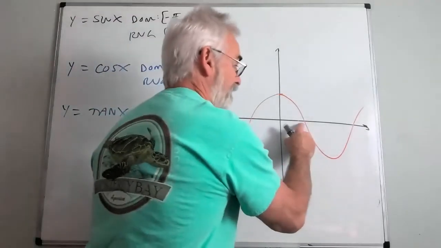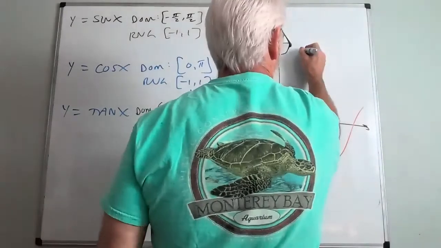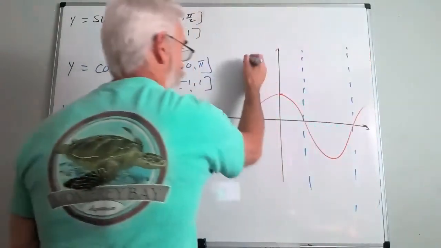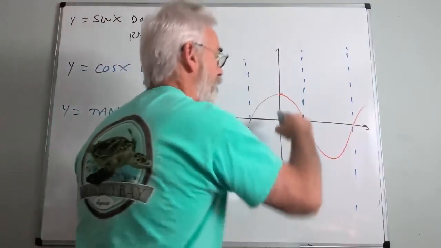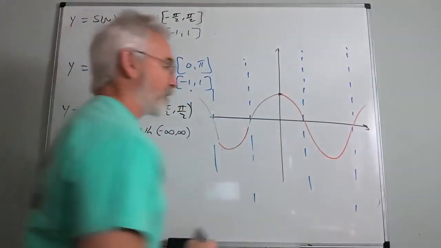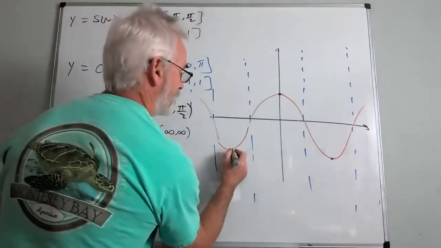So when the cosine is 0, secant would be undefined. That's where my asymptotes would be for the secant function, where the cosine is 0. Okay. When the cosine is 1, the secant is 1, because the secant is the reciprocal. When the cosine is -1, the secant would be -1 because it's the reciprocal.